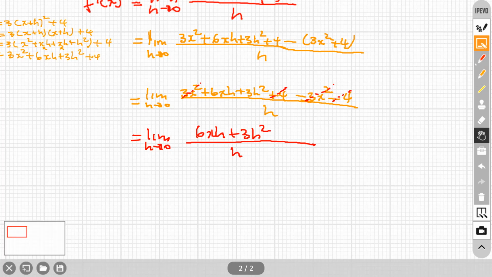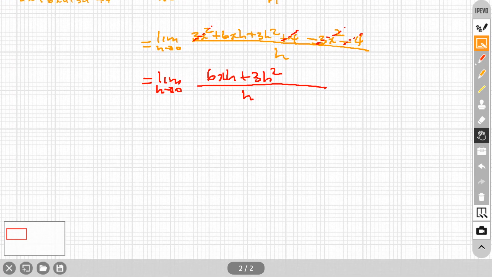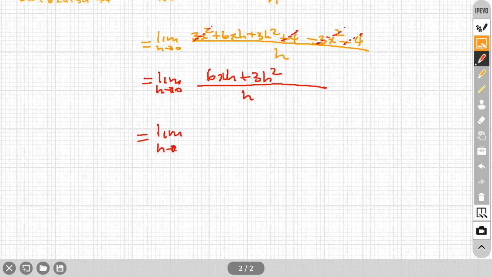Then we see that our common factor here is h, so we remove h as a common factor, with h approaching 0.